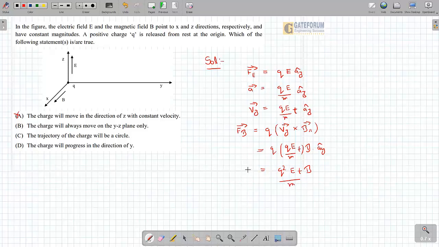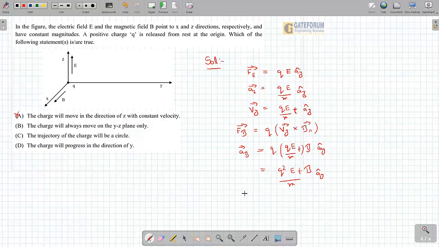That is the acceleration part: acceleration due to the electric field, acceleration due to the magnetic field. This will move along the y direction.